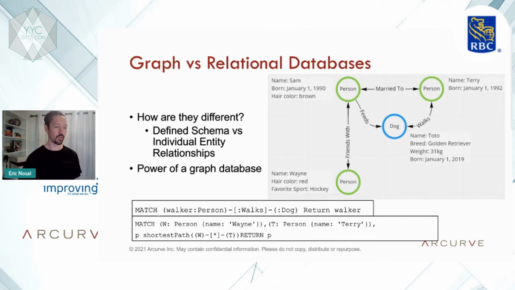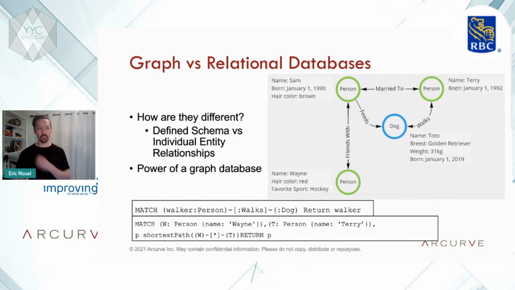In this first query, the round brackets represent the circles, the nodes. The square brackets represent the connections, the lines in between, and the round brackets again are the nodes. So even to somebody who's never seen this query before, it's quite readable. What it's asking is, show me all people that walk dogs. And this query will simply return Terry.